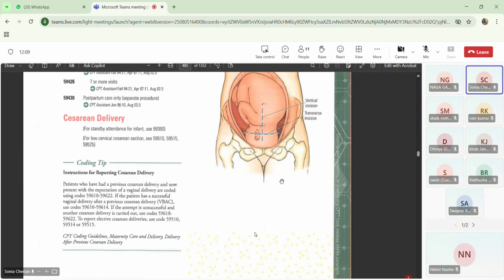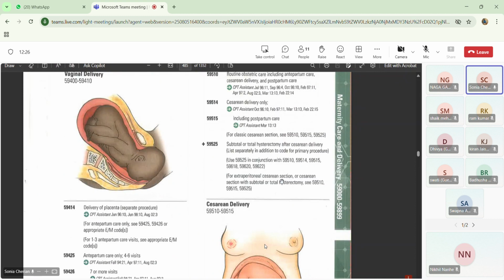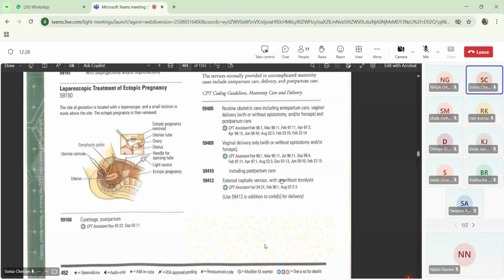Or she might get delivered at the same hospital and come back and get post-delivery treatment from other hospitals. According to that, we have certain CPTs. That is why I said it is kind of tricky. So we need to know about the antepartum care, the postpartum care and the intrapartum care.